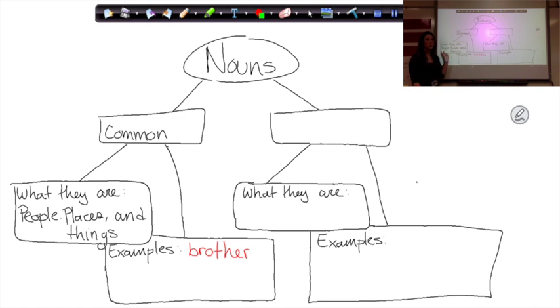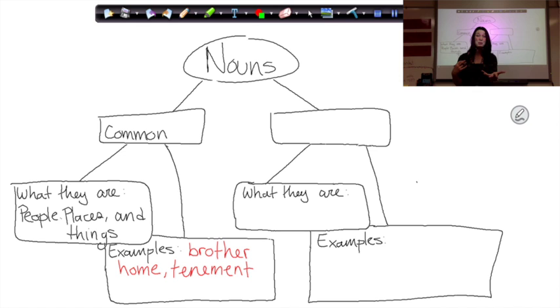Brother is a person. Now, let's talk about places. Home. Ooh, here's a vocabulary word we haven't talked about in a little while. Do you remember what a tenement is? It's a building. Good.